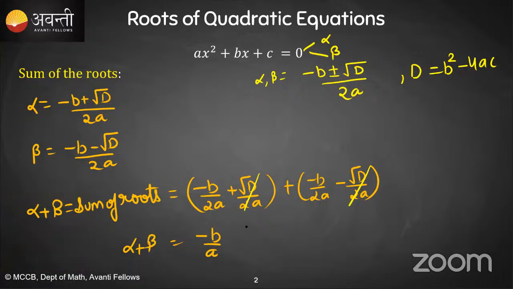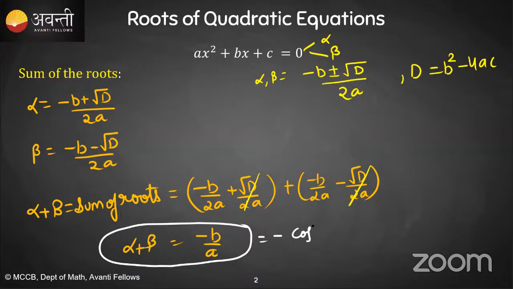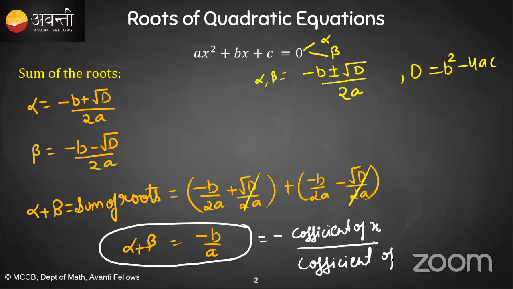Clear? So sum of root क्या हो गया? In a quadratic equation ax square plus bx plus c is equal to 0, the sum of roots is minus b by a. It means minus coefficient of x divided by coefficient of x square.